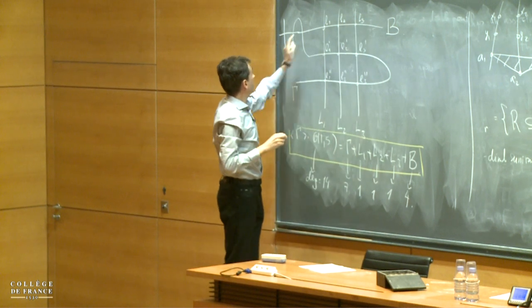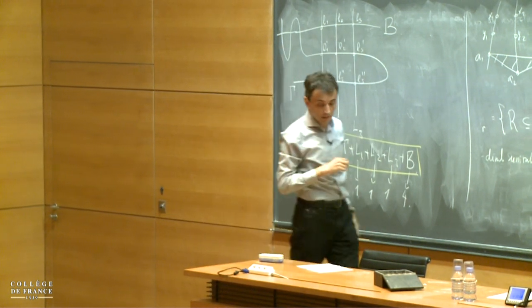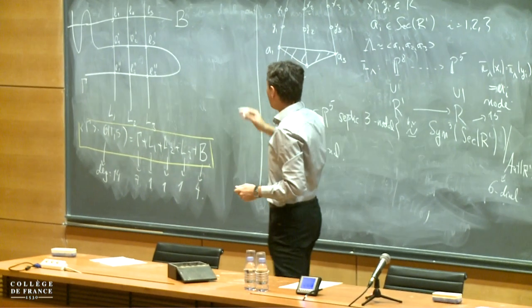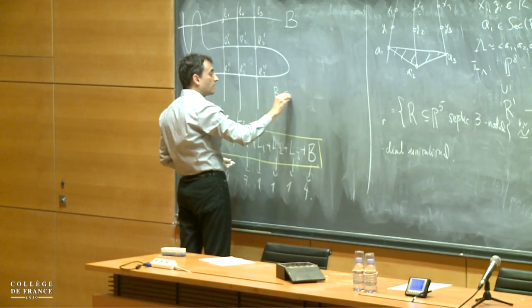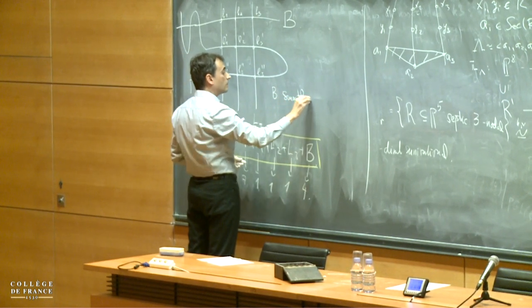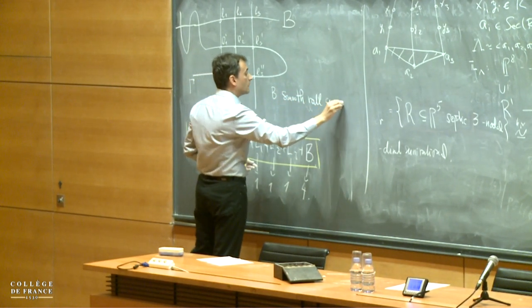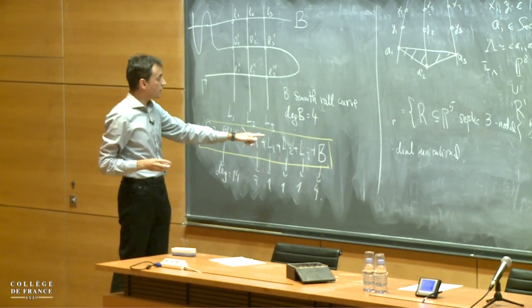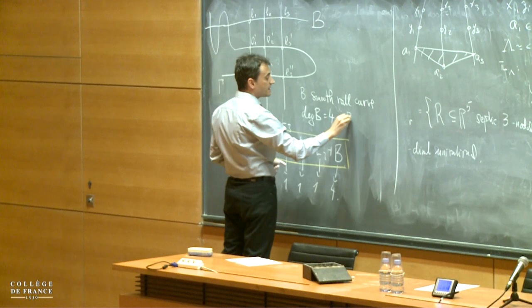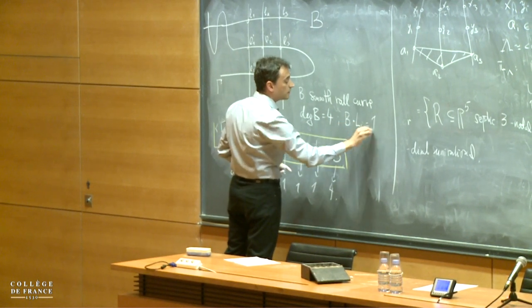And then it has to intersect the rest in 3 other points. So the claim is now that B is a smooth rational curve. The degree of B is 4. And very important, B intersects each of the L_i's in 1 point.